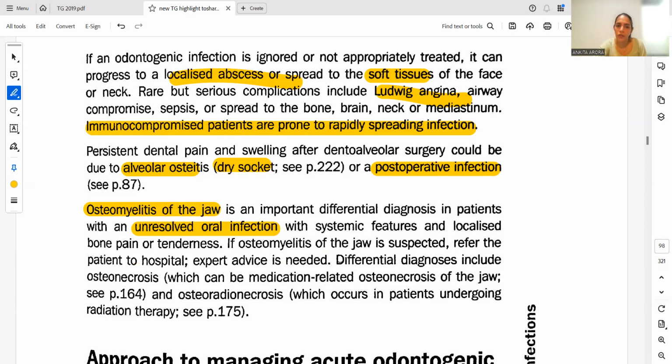If osteomyelitis of the jaw is suspected, refer the patient to the hospital, as expert advice would be needed. So long-standing bone infections, even periapical or any kind of infections, can cause the whole bone to get infected.